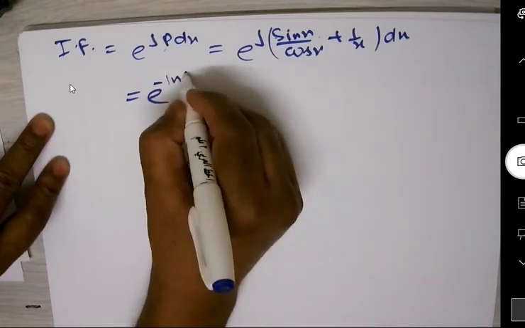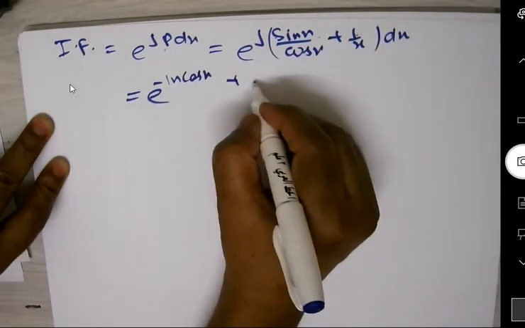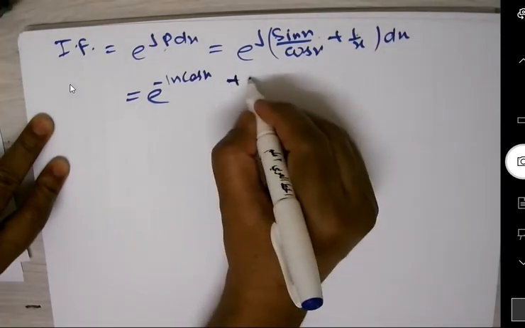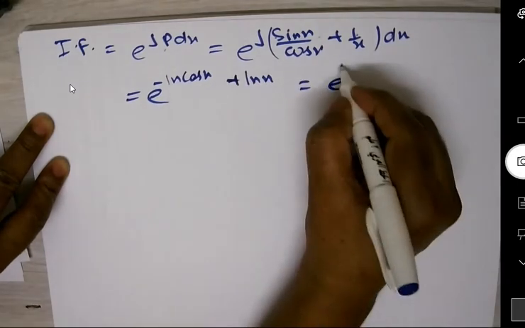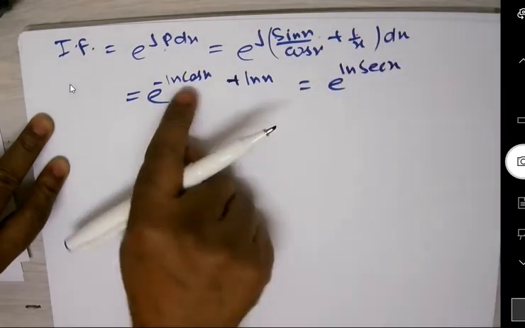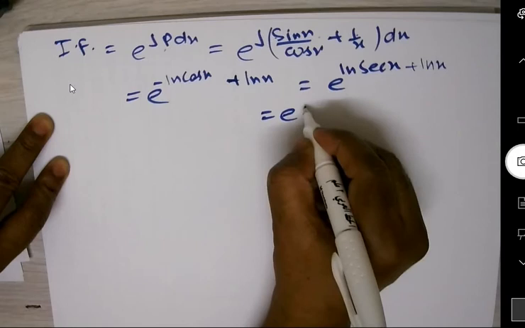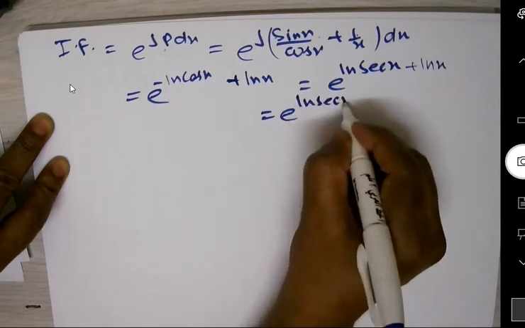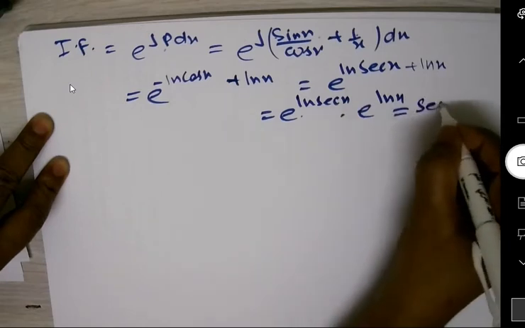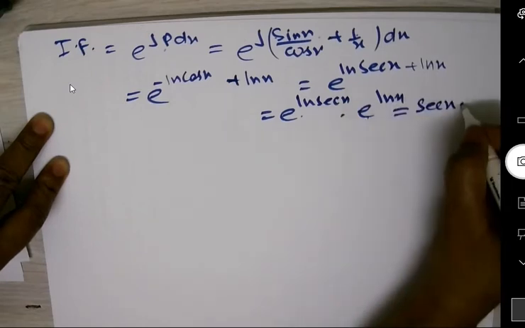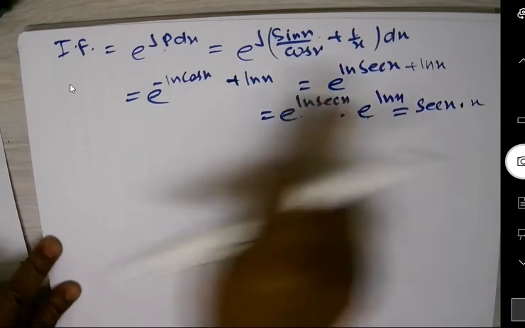Minus ln cosine of x plus, 1 by x integration is ln of x. So what you have? We can write it ln sec x also, plus ln of x, or e power ln of sec x into e power ln of x. E power ln of sec x means sec x and e power ln of x means x. So this is the simplified form of the integrating factor of this differential equation.